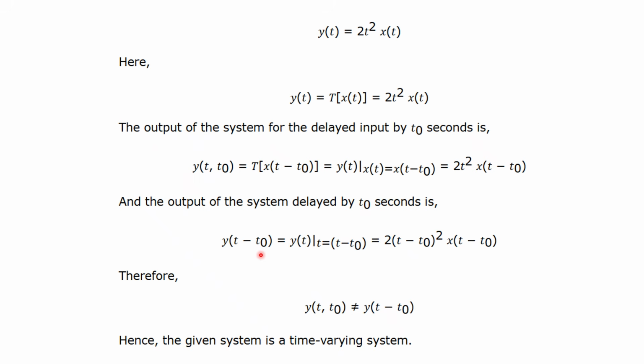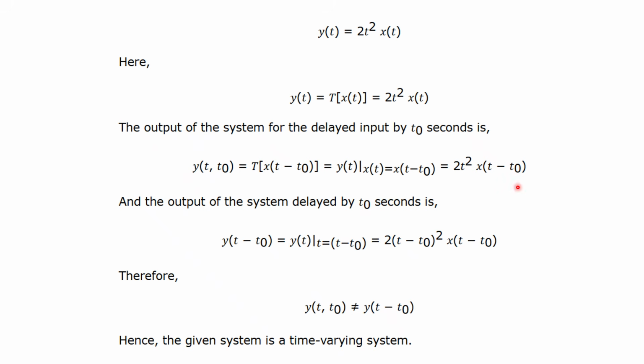And since we are shifting, t minus t naught will multiply here also. Because of this multiplication factor, x of t minus t naught will not be equal to this, right? So whatever we are getting here will not be equal here.